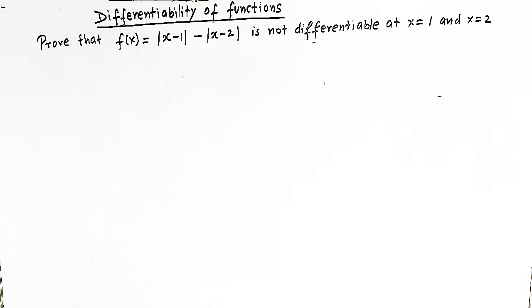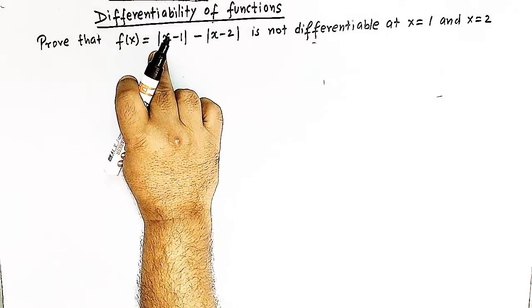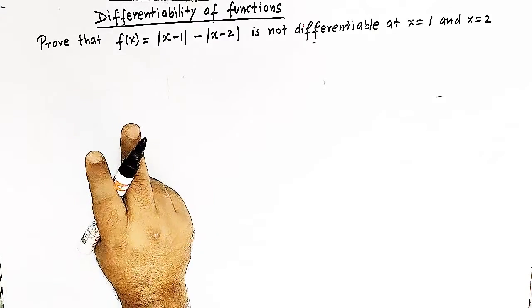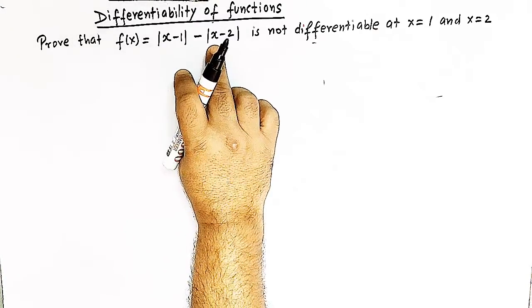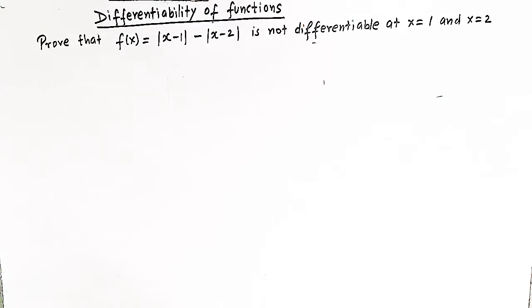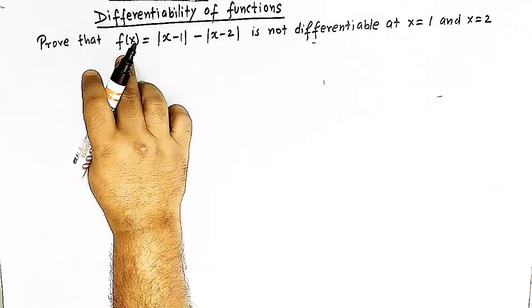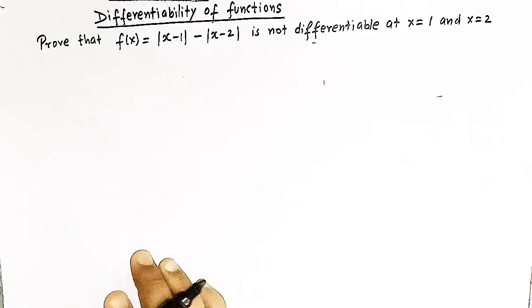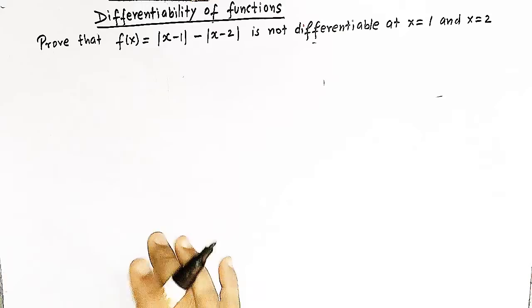And this function f of x is continuous for all values of x belonging to the set of real numbers, right? Because we know that mod function is continuous for all values of x, right? So here this function that is mod of x minus 1 is continuous for all values of x. Similarly, this function that is mod of x minus 2 is also a continuous function for all values of x, and overall this function f of x is continuous for all values of x, right?